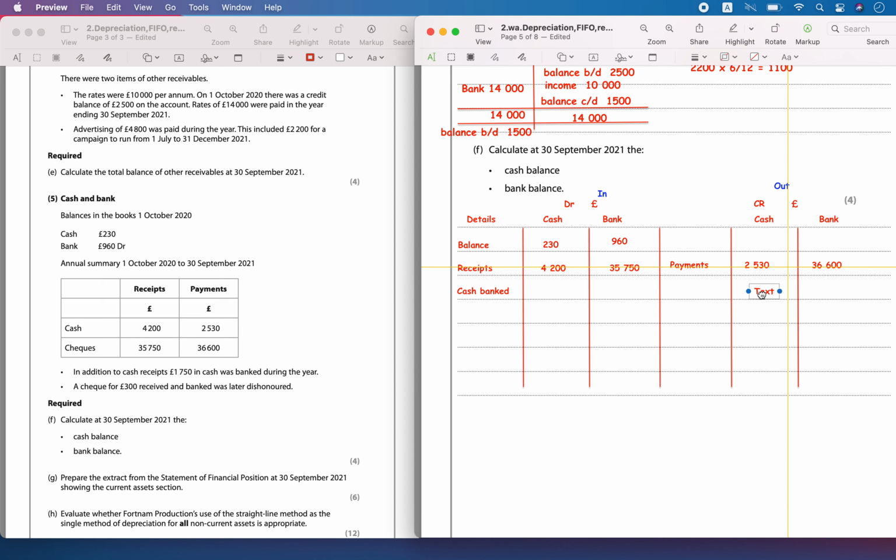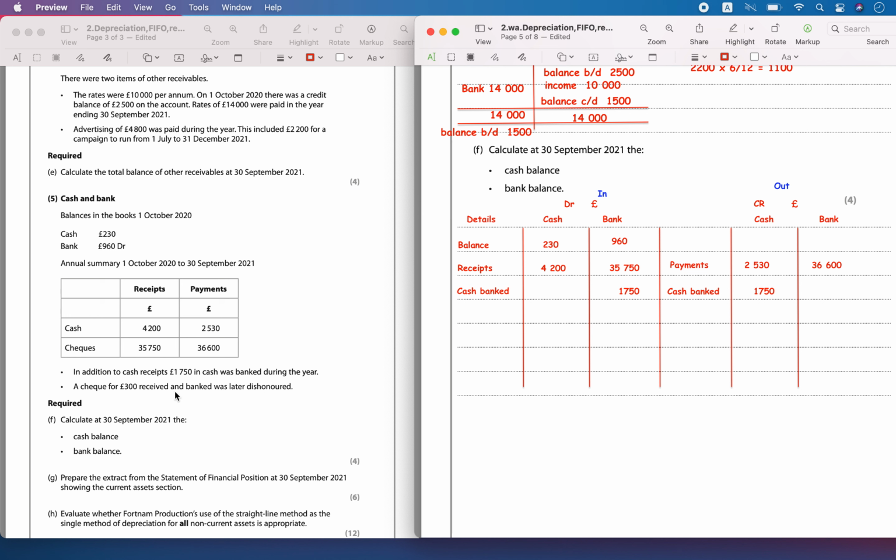So 1,750 cash is going to leave the business, but it has to be deposited into the bank account of this business. So you will write 1,750 bank here. That is called cash banked. Here you will also call it cash banked.